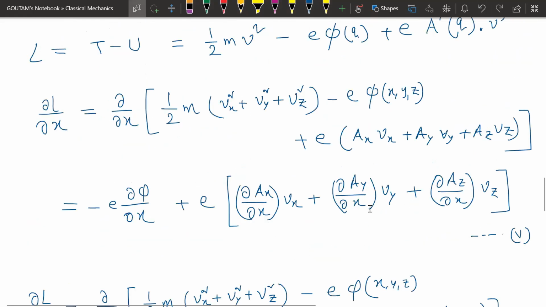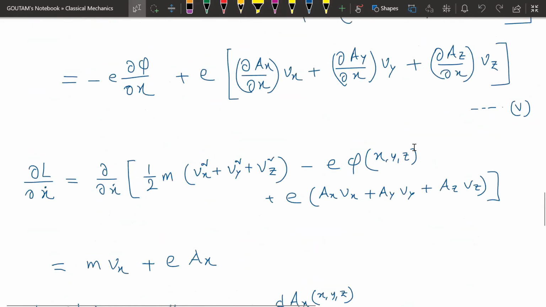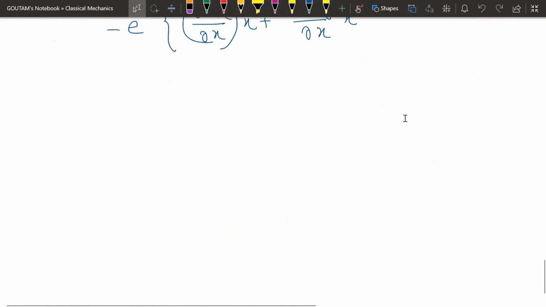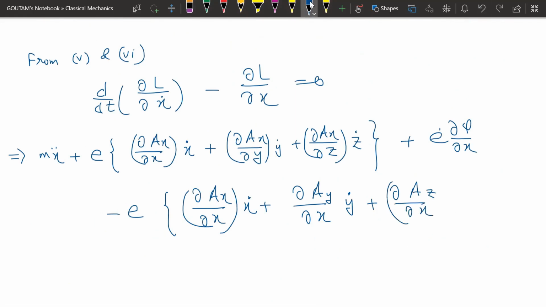Del Ay del x y dot, in equation 5 it is Vy, so y dot, plus del Az del x z dot) equals 0.